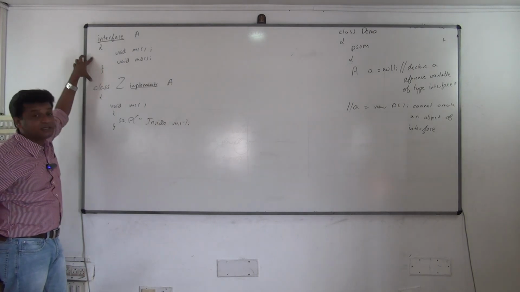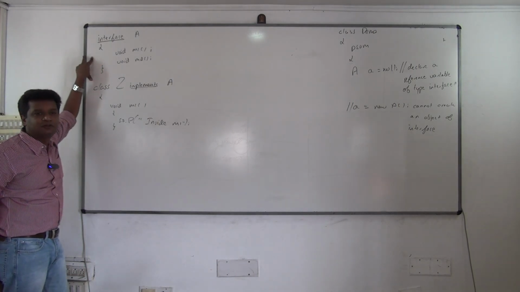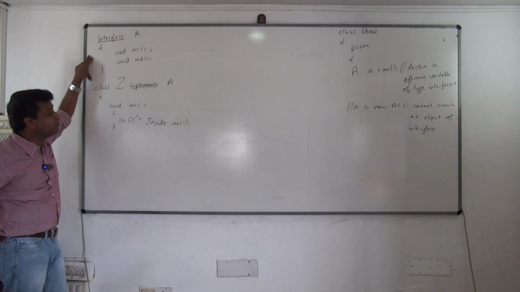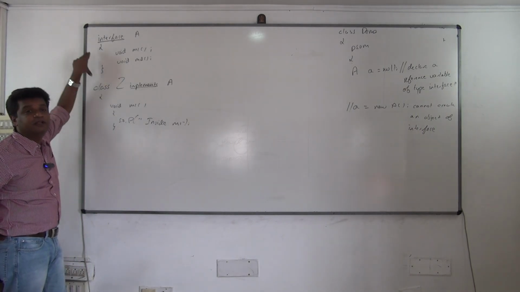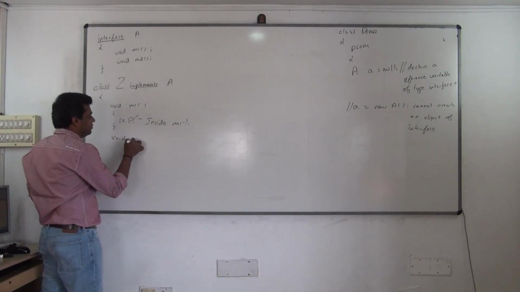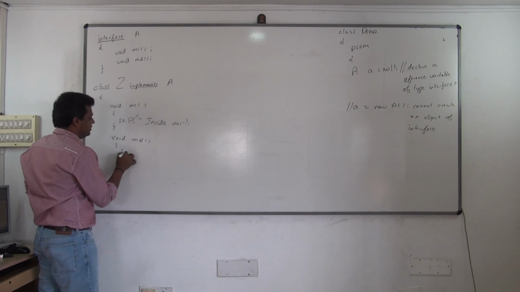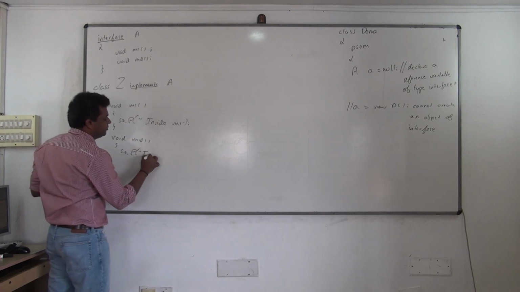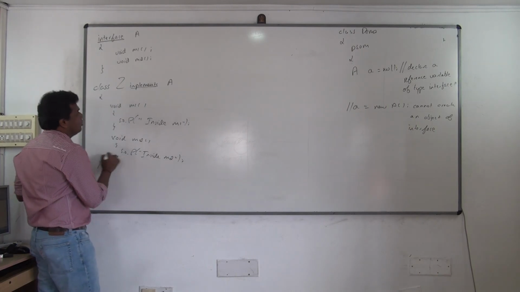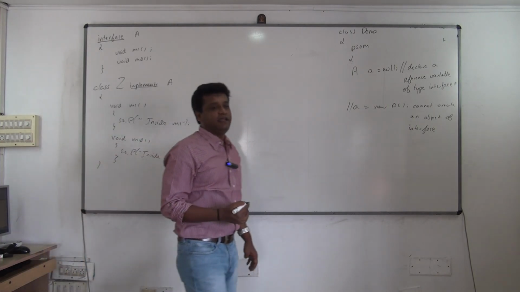So class Z is completing the implementation for the interface by giving the body for the 2 methods. Void M1, then void M2. Finished. SOP inside M2. So yes, class Z is the concrete implementation for the interface A.